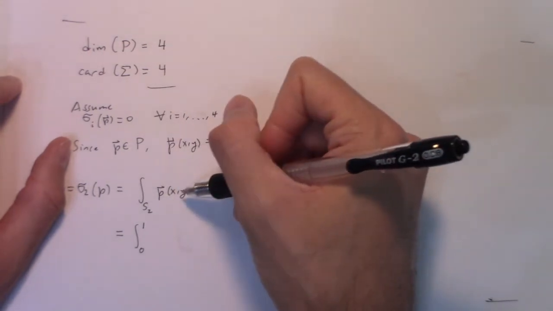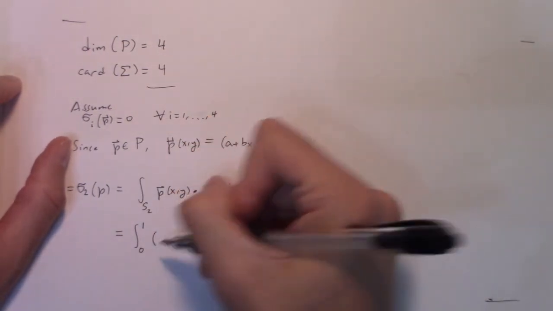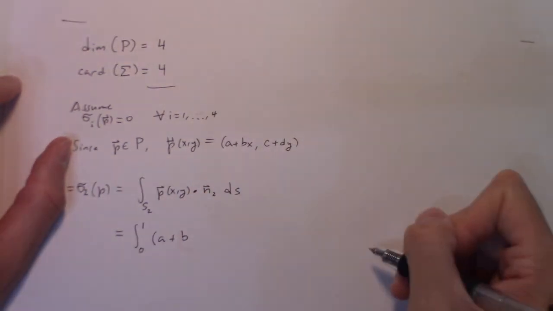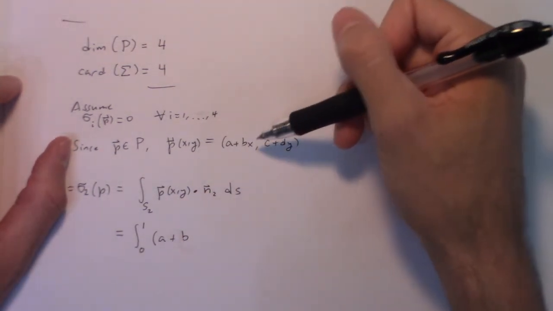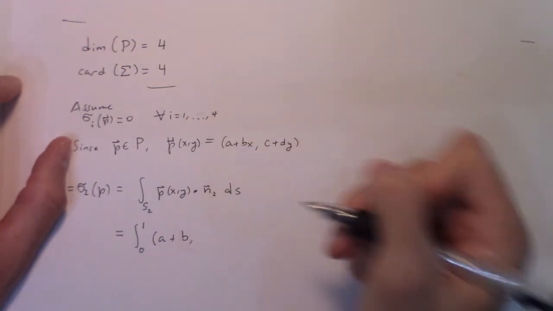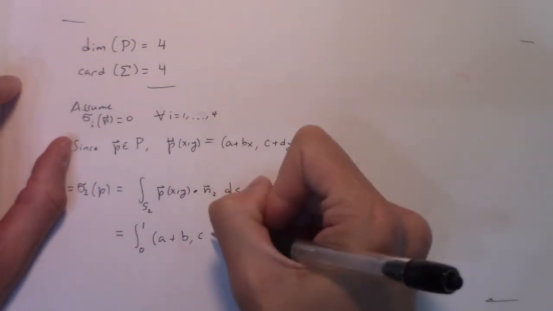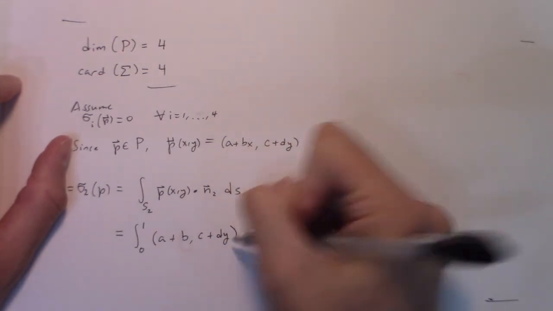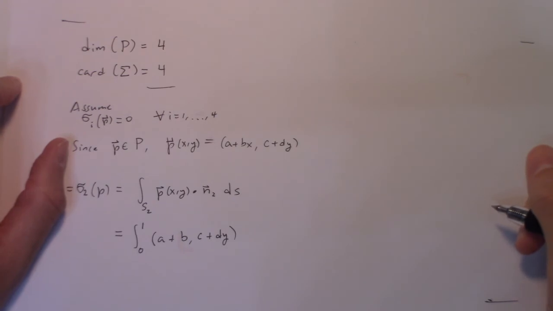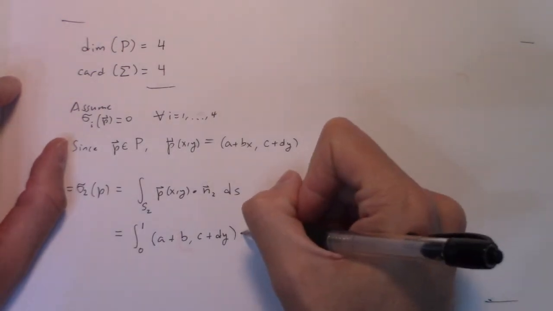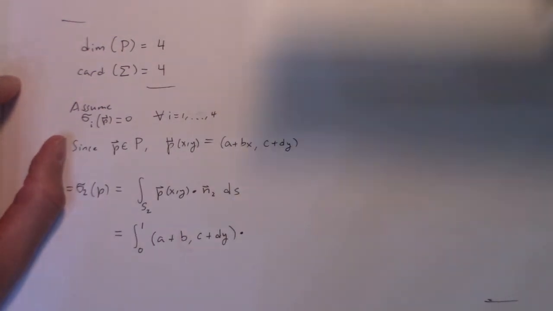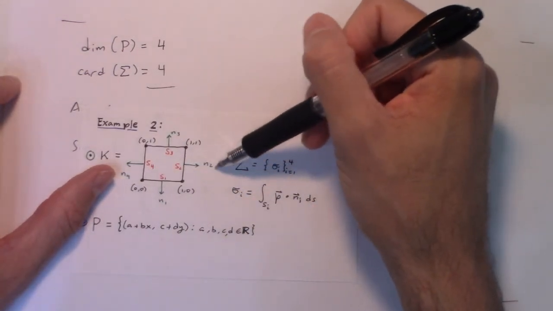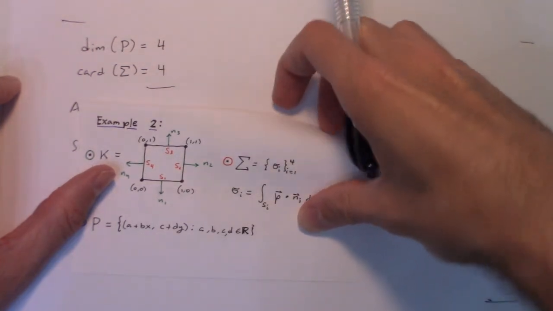So we're going to integrate from 0 to 1. Let's write out the vector p of x,y. This is a plus b, because we're integrating along x equals 1, comma, c plus dy. And then we're dotting it with the normal vector. The normal vector here is pointing to the right, and that is going to be 1, 0.